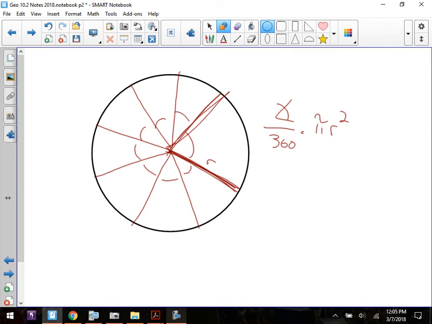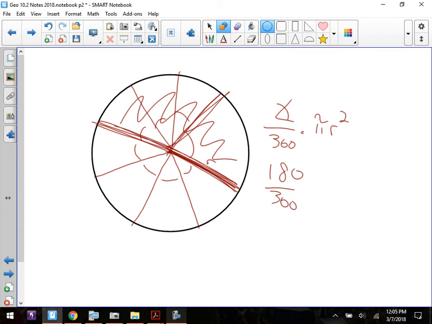Well, how many degrees are in a semicircle? 180. So this much of the circle would be 180 over 360. What's 180 over 360? 1/2. It's just a simplified fraction. That's why a semicircle is half of the area of a circle.